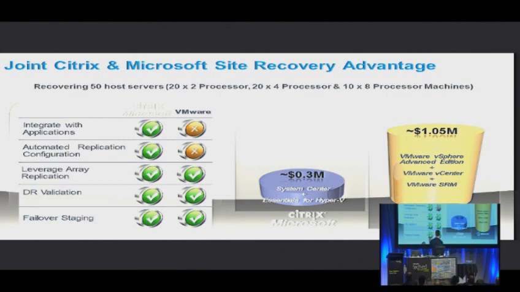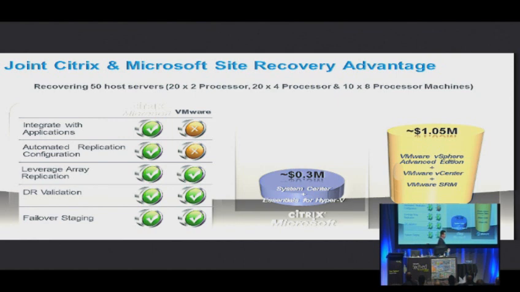We also have array-level replication, DR validation that Daniel talked through, and failover staging. So from a functionality standpoint it's got all of those functions covered, in addition to probably better integration into your Microsoft environment. From a technical standpoint, we think it's a strong solution.